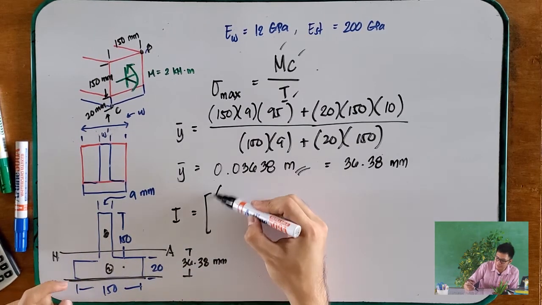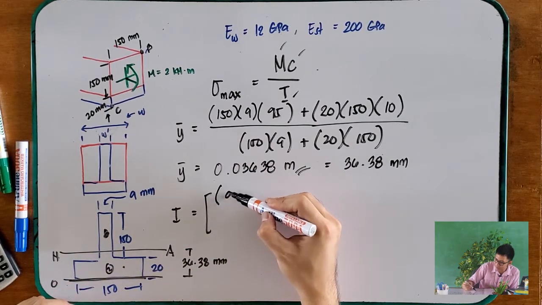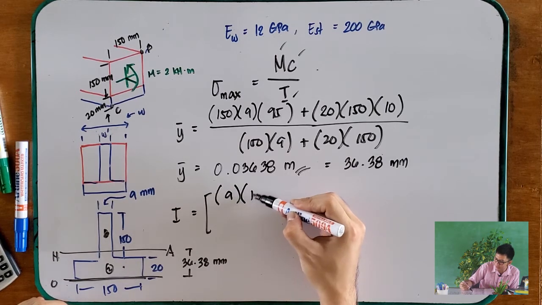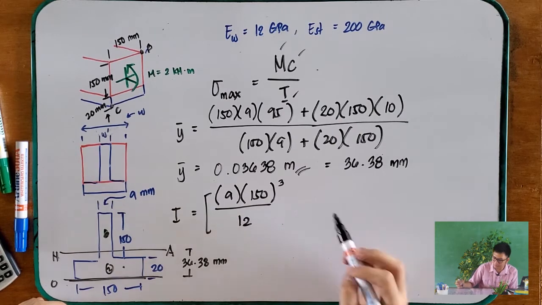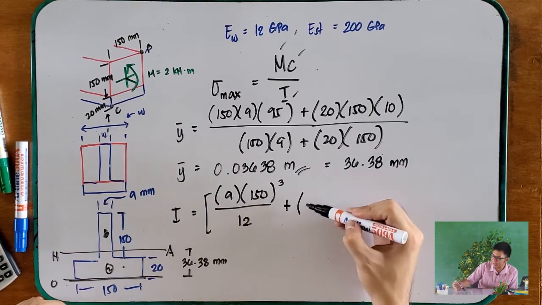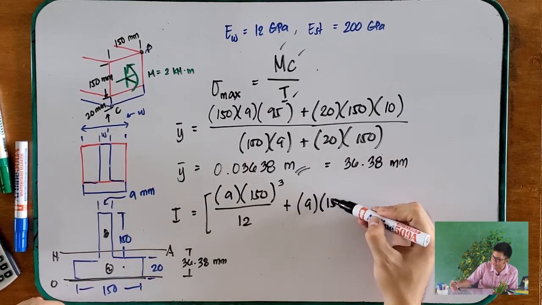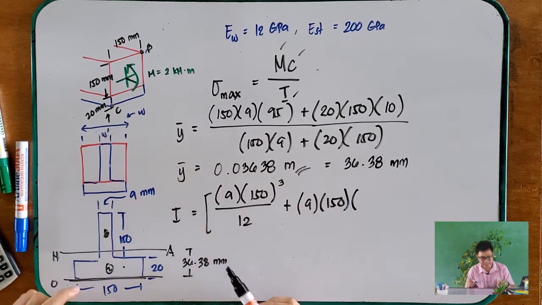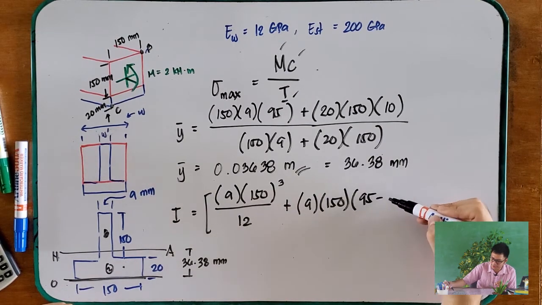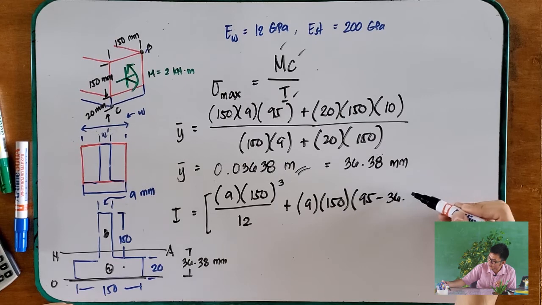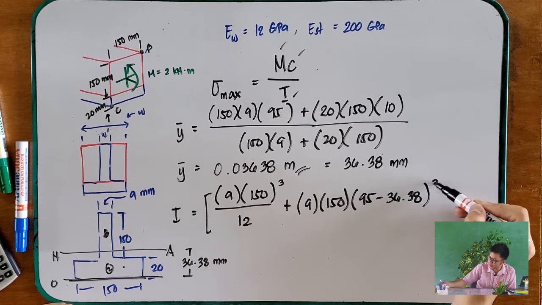So that is b, 9 times height of 150 cubed over 12. Yeah, parallel axis theorem, 9 times 150 times distance sa centroid ani padong sa neutral axis. That is 95 minus 36.38 squared.